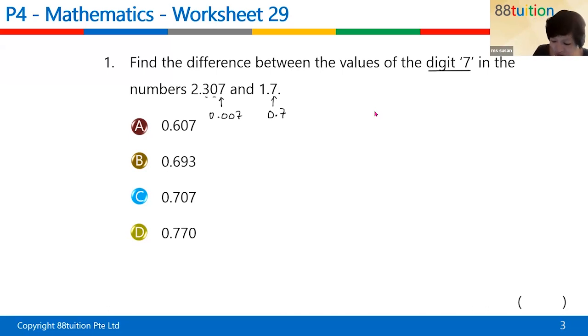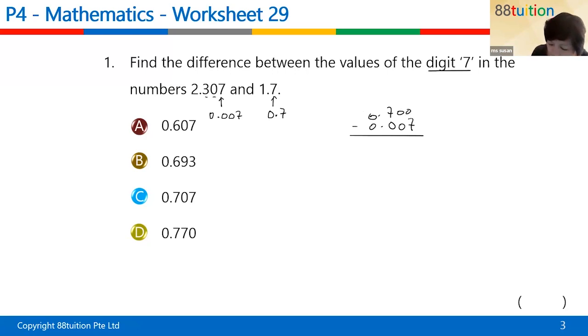Yes, good job. All right, so 0.7, I must minus 0.007. You must respond very fast, the faster you respond, the more time we have for Kahoot, okay? If you don't respond and keep asking, you waste a lot of seconds, okay?